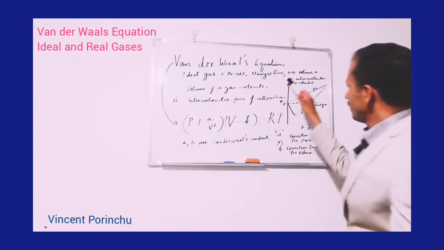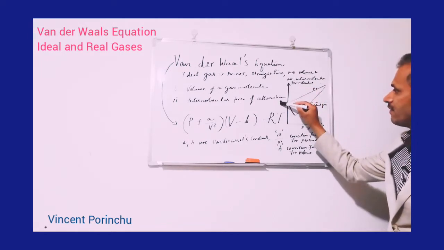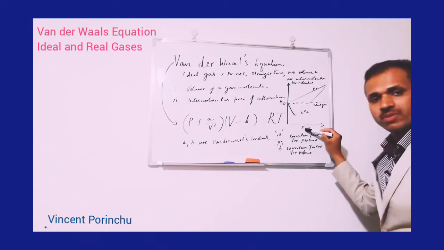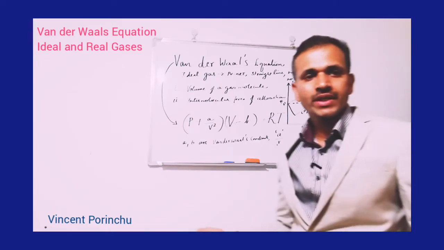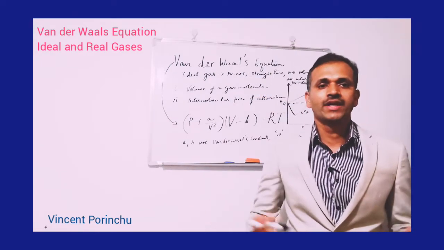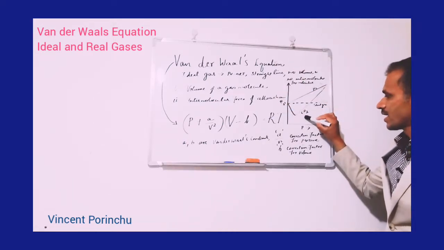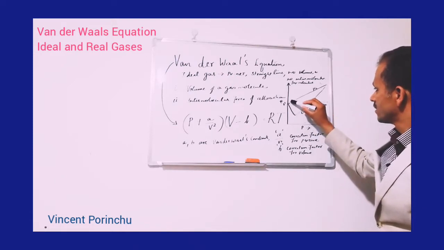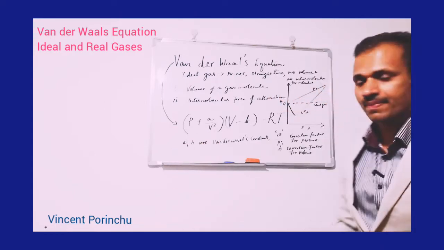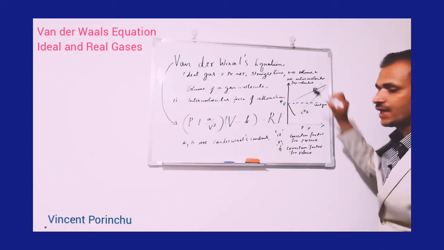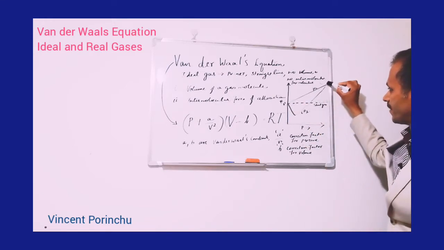So when we look at this graph, if we plot PV divided by RT against pressure, the dotted line indicates the ideal gas equation. That means ideal gases always follow a straight line. But for real gases, like hydrogen and carbon dioxide, hydrogen shows the positive side of the graph, that means the upper side of the ideal gas line, and carbon dioxide shows a negative dip and then goes up.